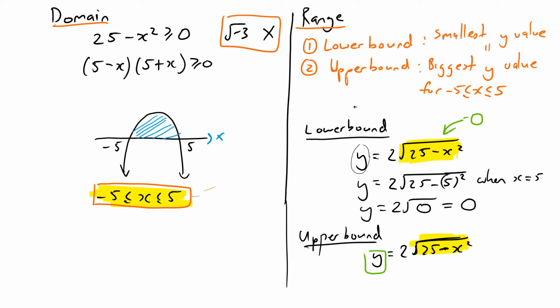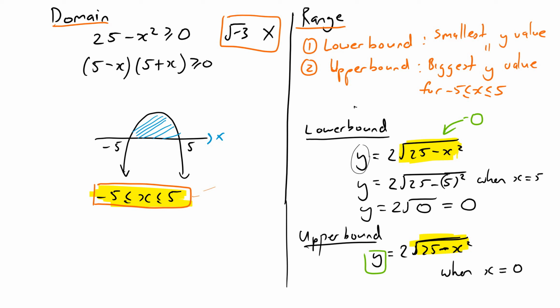It makes sense that the best number that we can pick so that y becomes as large as possible is when x is equal to 0, when we take away nothing. Because if you put any other number in this interval into x, you'll be subtracting away something. You'll never be adding anything because we're subtracting away a positive number. Remember, x squared is a positive number.